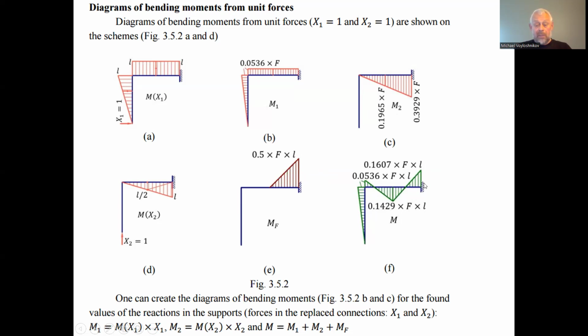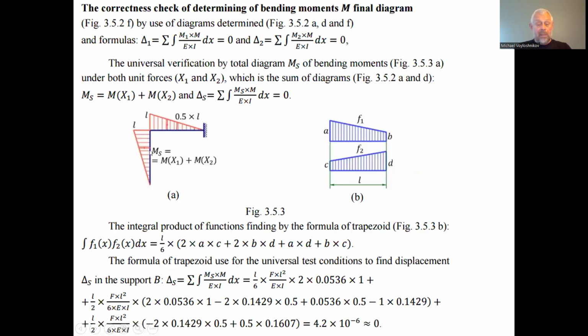This diagram we have to multiply by the diagram of the bending moment of the same system in the direction of the generalized force, which causes unit forces in the direction which we assume as the abstract S direction.